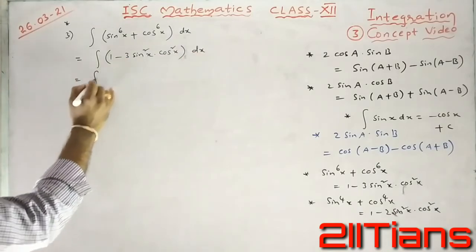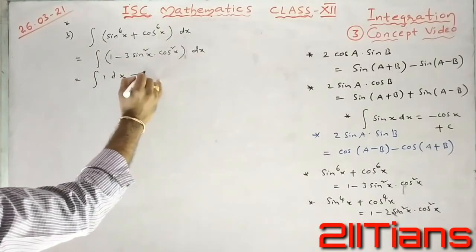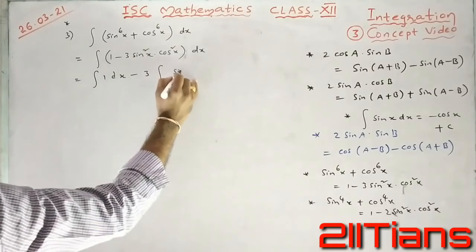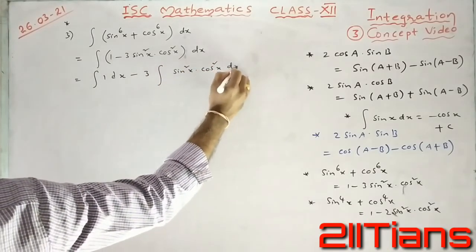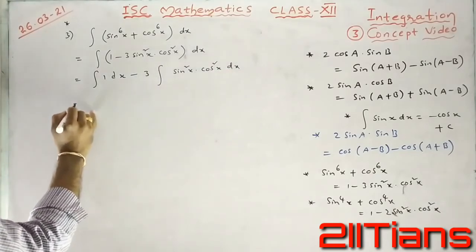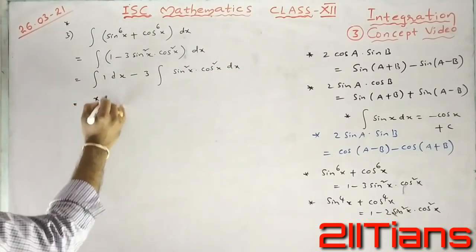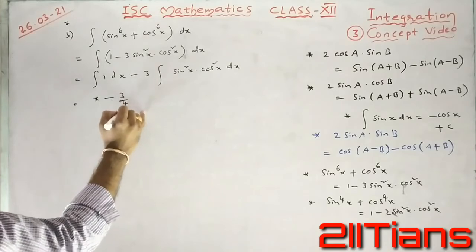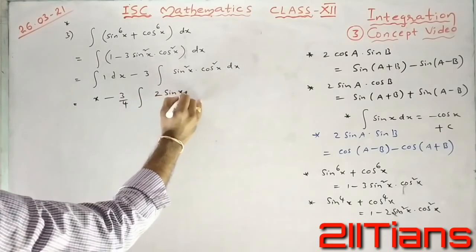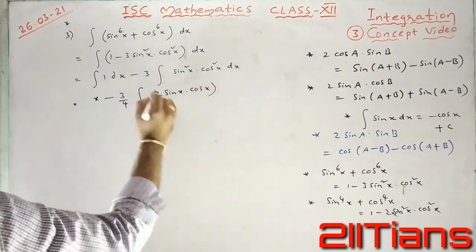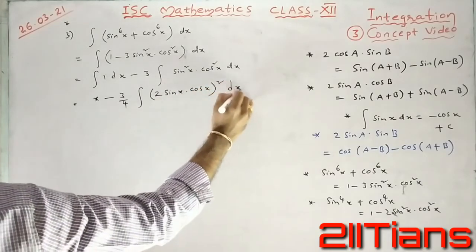So for this integral 1 dx minus 3 times integral sin square x into cos square x dx. This is x, 1 integration x, minus 3 times, I am multiplying and dividing with 4 here. This I am writing 2 sin x into cos x whole square dx.